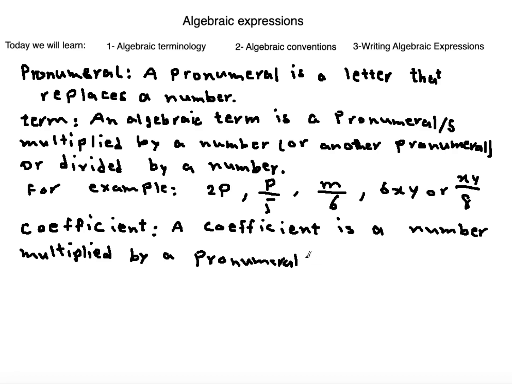As an example, you have 5k. So k here is the pronumeral and 5 is the coefficient. Right, so in 5k, 5 is the coefficient.